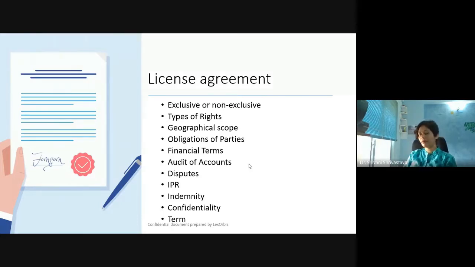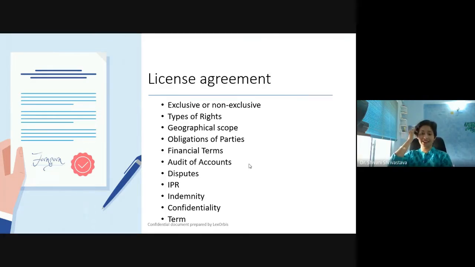So when we are talking about a license agreement, there are very important features, or different terms and clauses which are used in a license agreement. If you see the list, a license can be exclusive or non-exclusive; the types of rights, like what kind of rights would be given in the license agreement; the geographical scope; the obligations of parties; and financial terms.